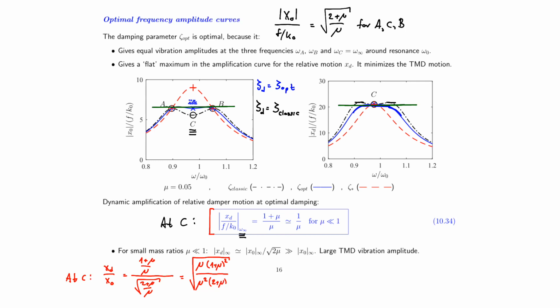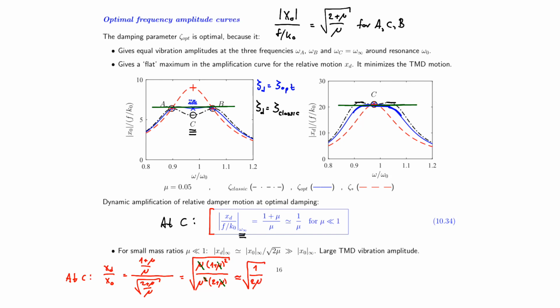Now, if we assume that mu is much smaller than unity and also 2, then we can cancel these two mu's inside the parenthesis, and this one will cancel with the number 2, and then we get 1 divided by 2 times mu, and that's approximate for small values of mu.